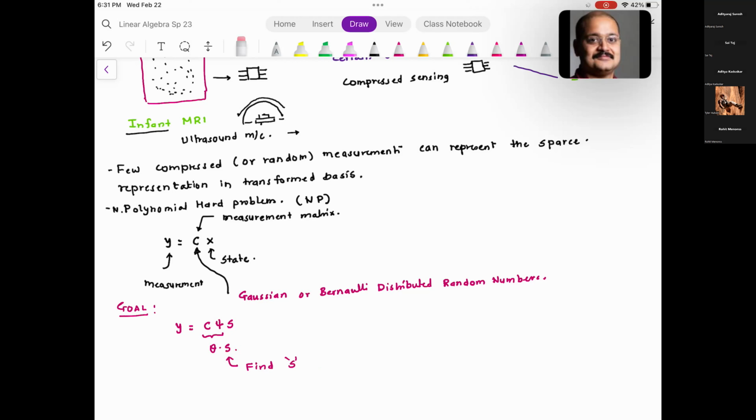So we find the sparsest solution for s. Now, I need to explain this once again.